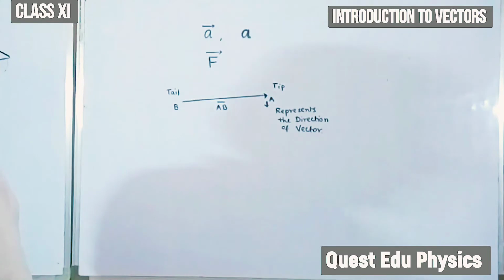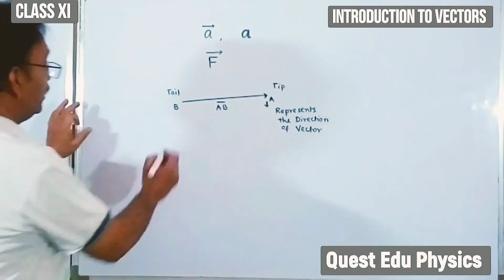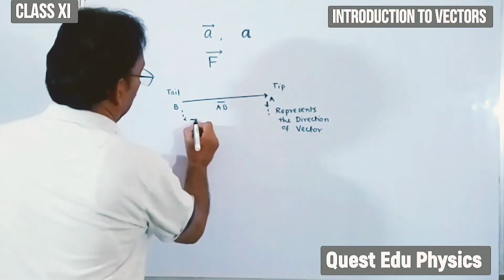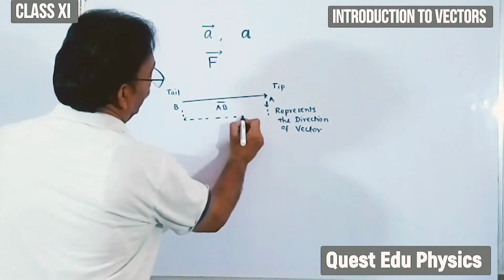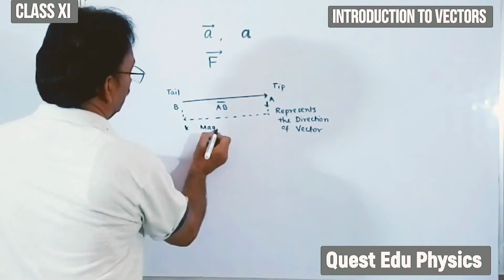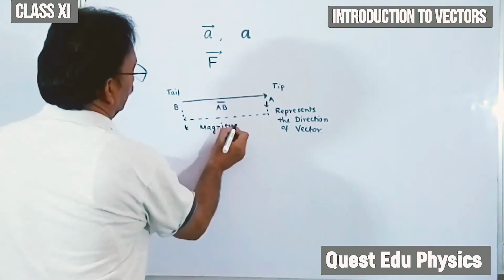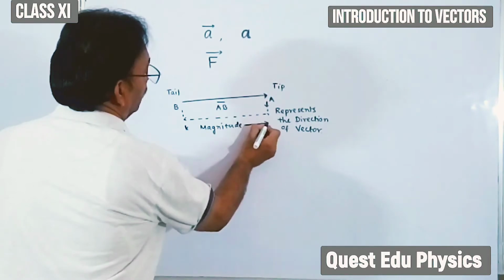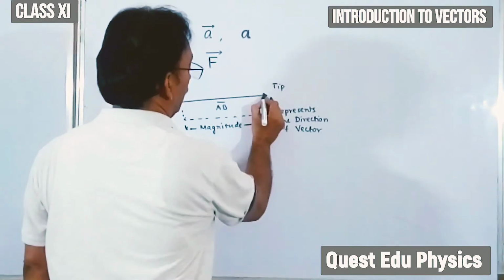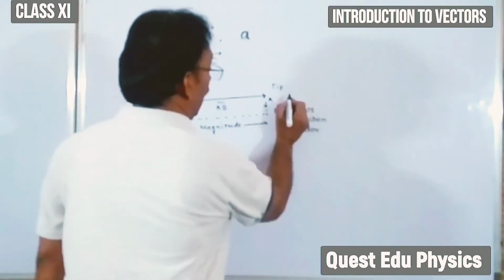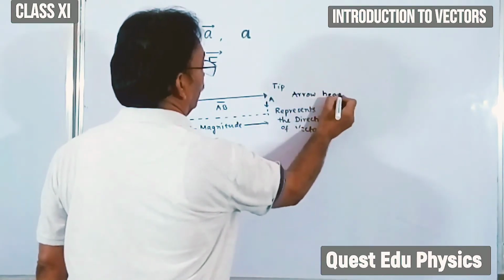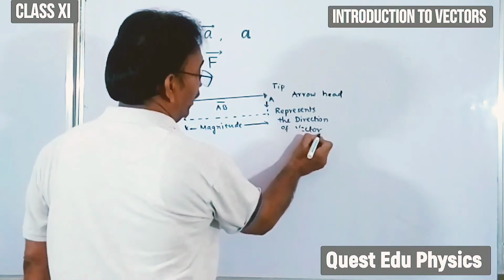The arrow represents the direction of the vector. And see, the length between the two ends, this is the length between the two points. This represents the magnitude. Understanding me? This length represents the magnitude. This one, the arrowhead, represents the direction of the vector.